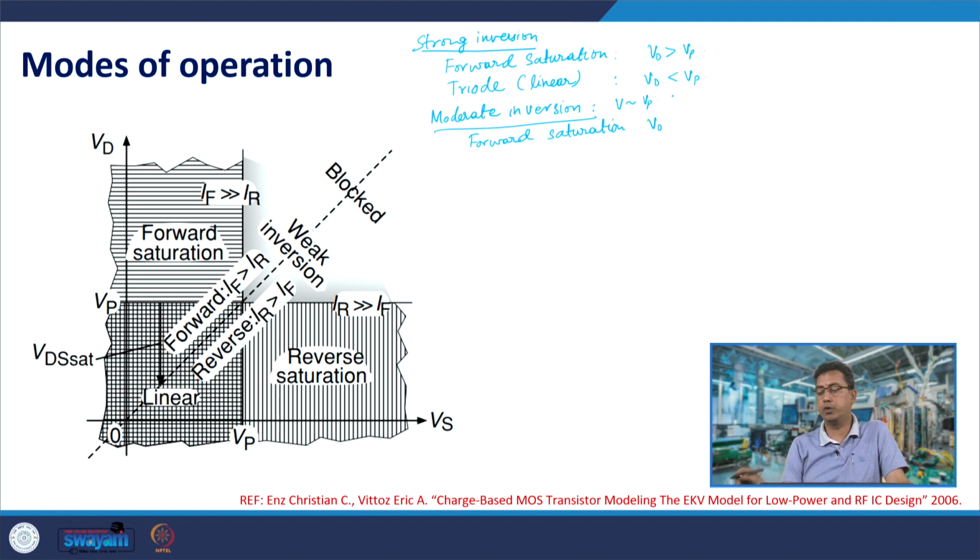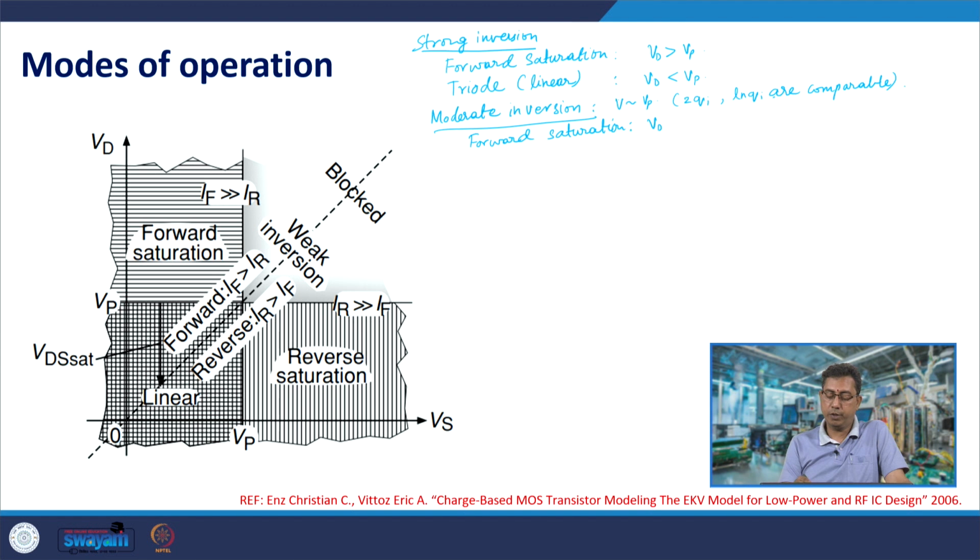It is close to V p, and therefore you cannot neglect any of the terms, Qi and natural logarithm of Qi. You cannot neglect both of them, both are significant, comparable.